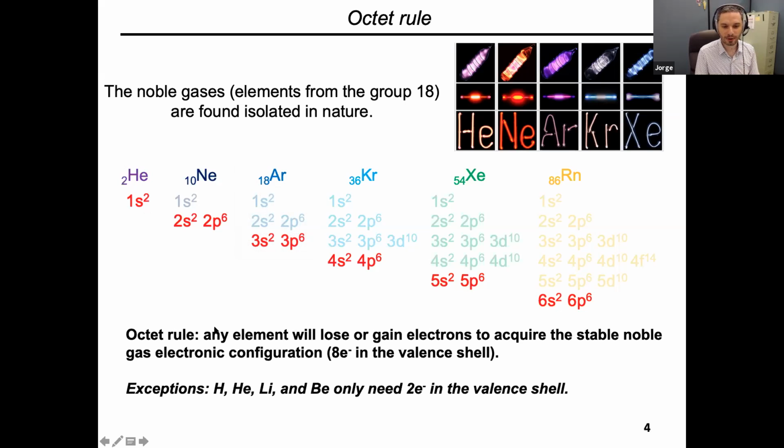And few elements will be able to do that. Those elements are hydrogen, lithium, and beryllium. Okay, for those elements, 2 electrons in the very first shell is enough to achieve stability. Once more shells added, you must have 8.